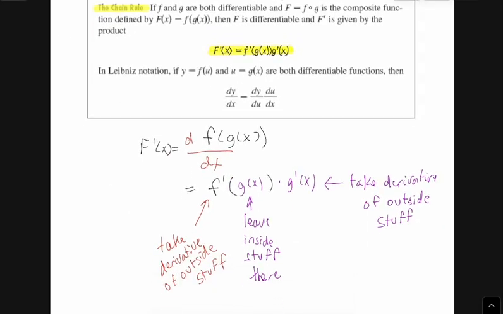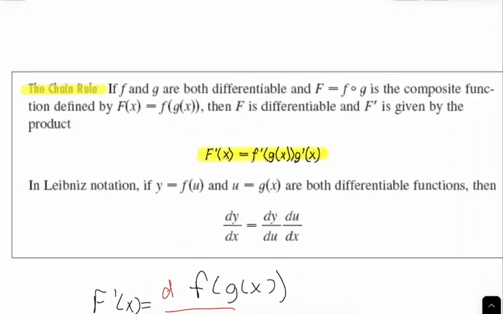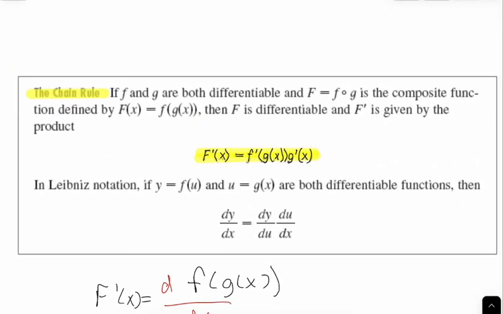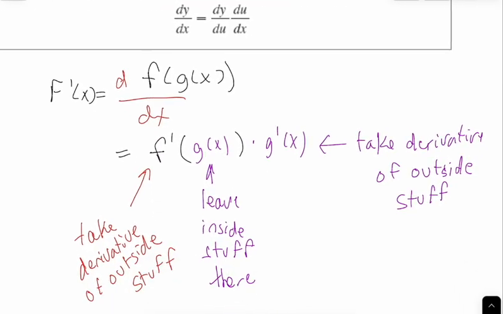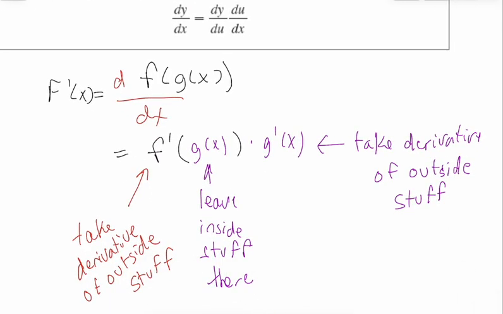If we have a composite function, so f of g of x, so g is captured inside of f, you are going to take the derivative of the outer function, leave the stuff there, then multiply it by the derivative of the inside stuff.